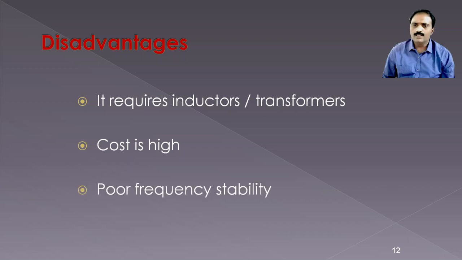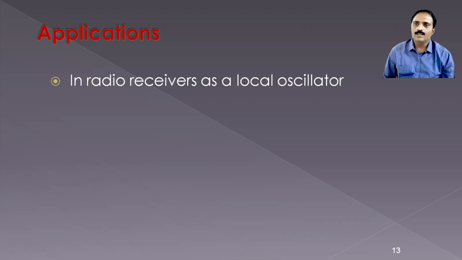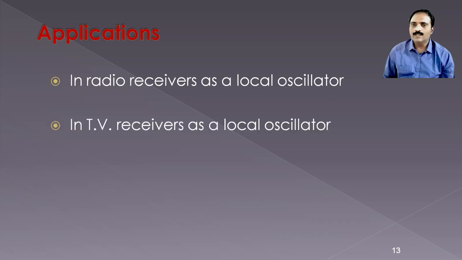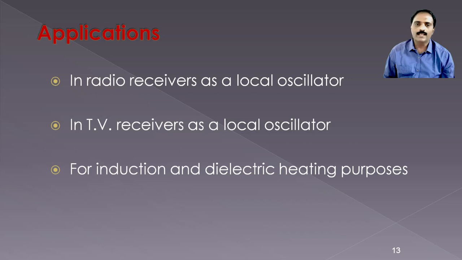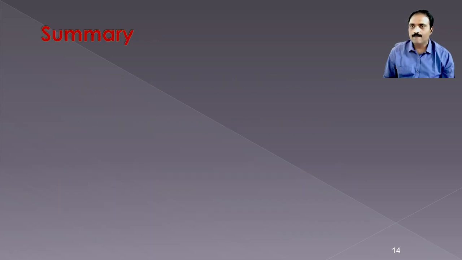The frequency stability will be less. And if you go for the applications part, these are widely used in radio receivers as a local oscillator, and TV receivers as a local oscillator also, for induction and dielectric heating purposes, just like that we have seen in the case of Hartley oscillator, and for high frequency applications.